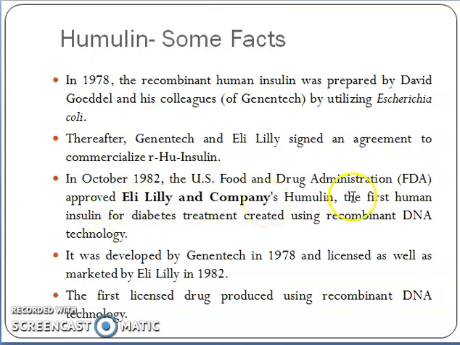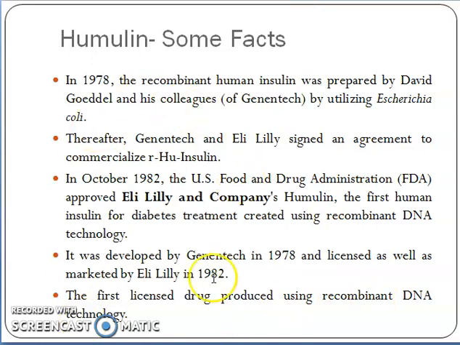This humulin was the first human insulin for diabetics created using recombinant DNA technology. It was developed by Genentech in 1978, and it was licensed as well as marketed by Eli Lilly in 1982. And this humulin was the first licensed drug produced using recombinant DNA technology.